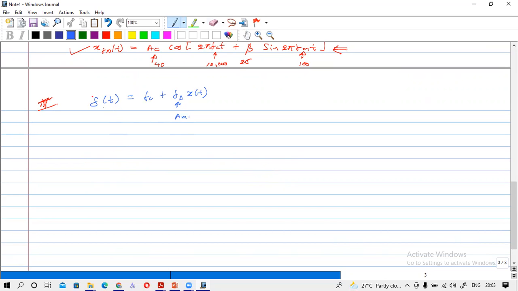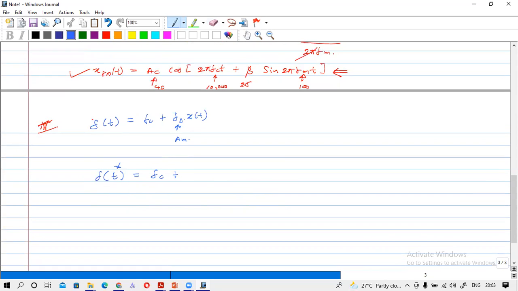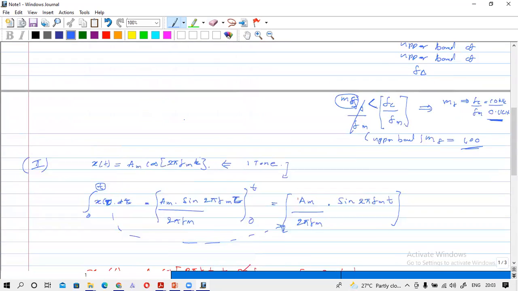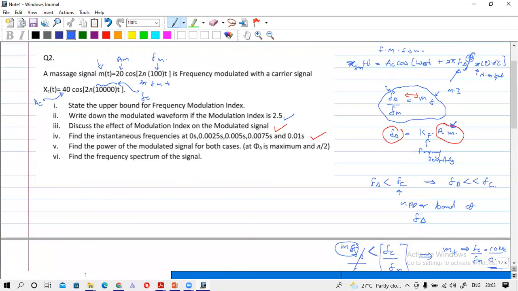So if I write the instantaneous frequency, I can write this as Fc plus F delta, which already has Am. We are given the modulation index, so we have to find F delta.